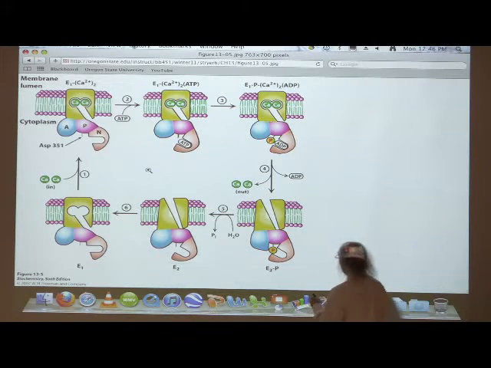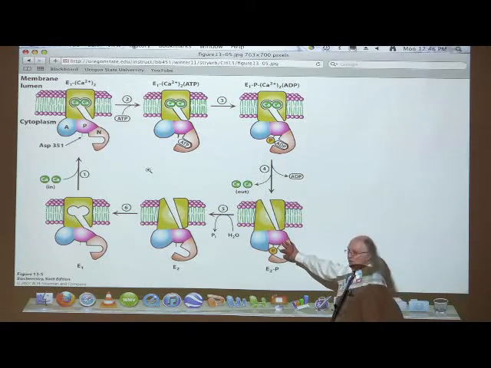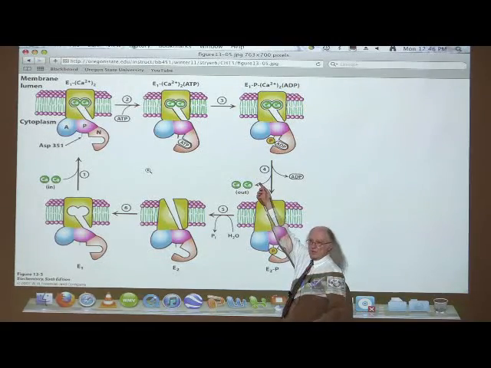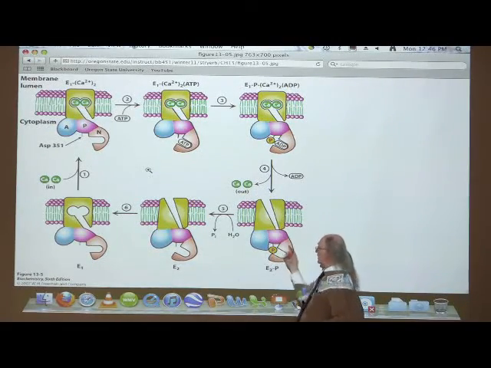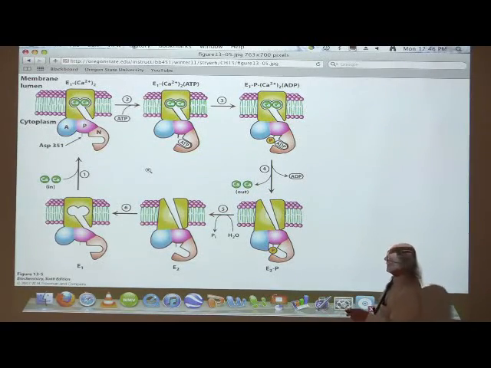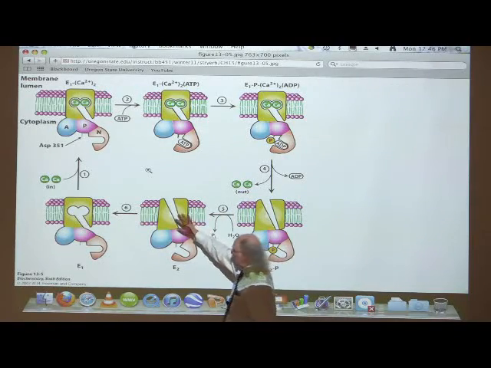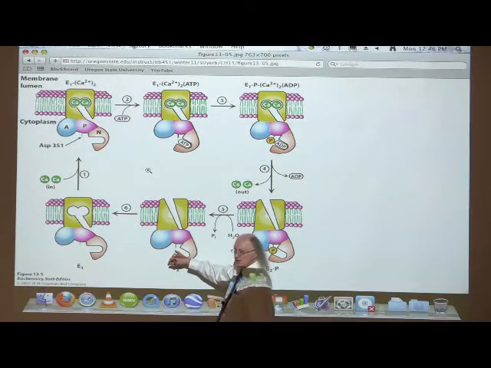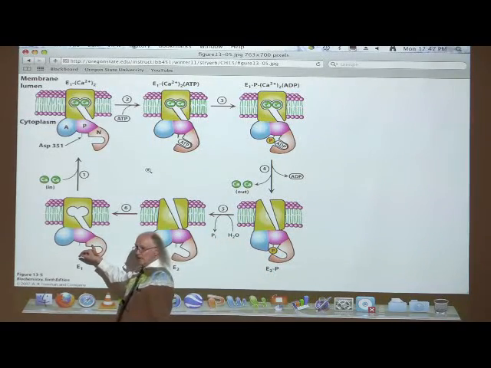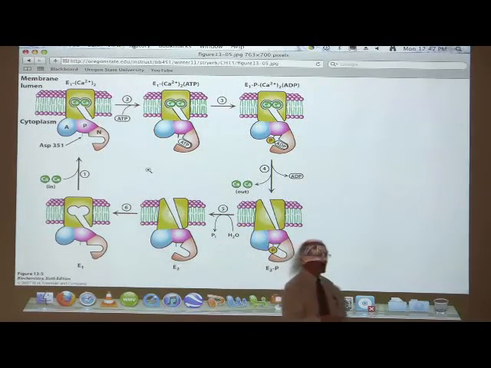That attachment of the phosphate allows ADP to leave, and when ADP leaves, the protein changes configuration. Now calcium goes this way. It came in here. It's now moved out here. And the rest of the process is getting back to the original state. Then, after calcium has been released, there's another conformational change that results in the loss of phosphate. That leads us back here to the empty complex, which then grabs more calcium and completes the cycle.